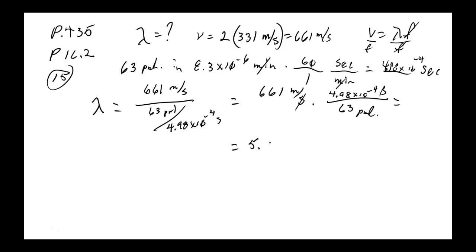Give me 2 or 3 digits. 5.2 times 10 to the minus 3 meters, which would be 5.2 millimeters. 10 to the minus 3 is milli.